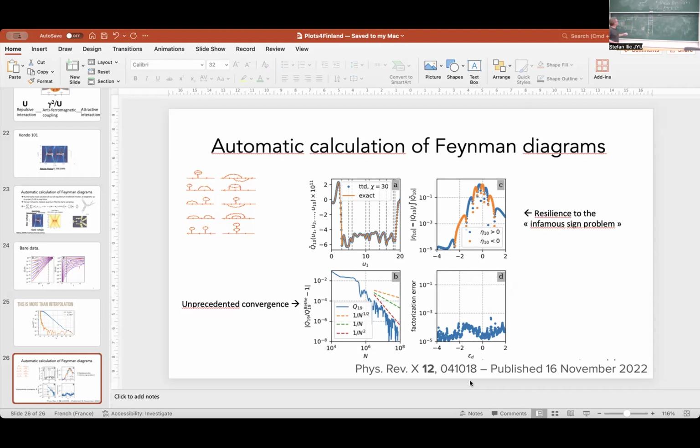All of them are of order 1. So actually, the variance of these things is typically 1. And the typical error that you will get is sigma over the square root of the number of repetitions. So let's call that n repeat.